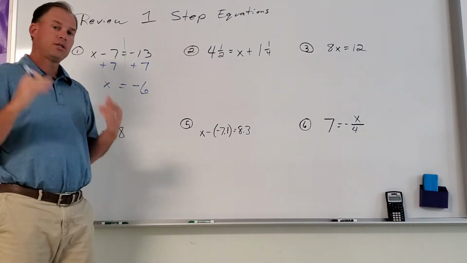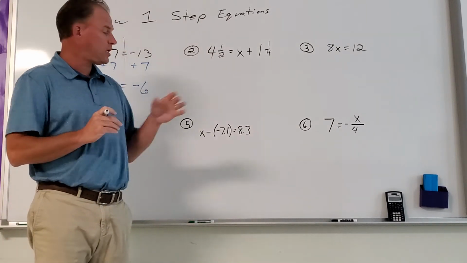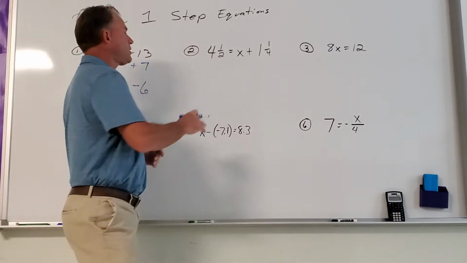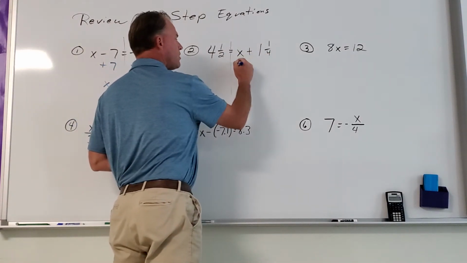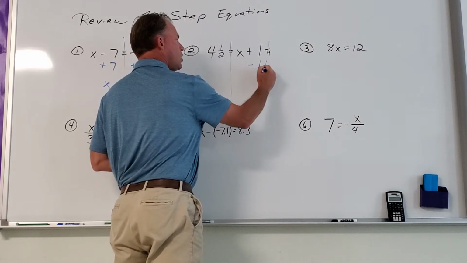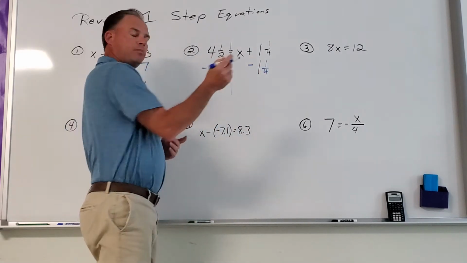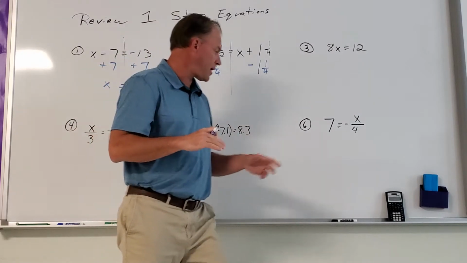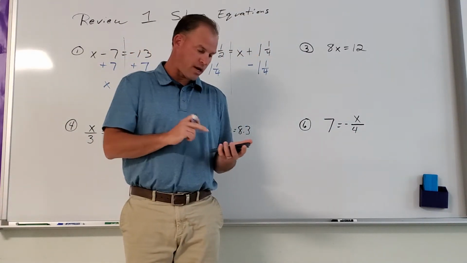Number 2, fractions and decimals are just numbers. Don't freak out when you see them. That's why I encourage you to use the calculator. So here we go. x plus 1 and 1/4 equals 4 and 1/2. I need to subtract 1 and 1/4 from both sides of the equation. Now, I don't expect you to be able to do fractions and decimals in your head.